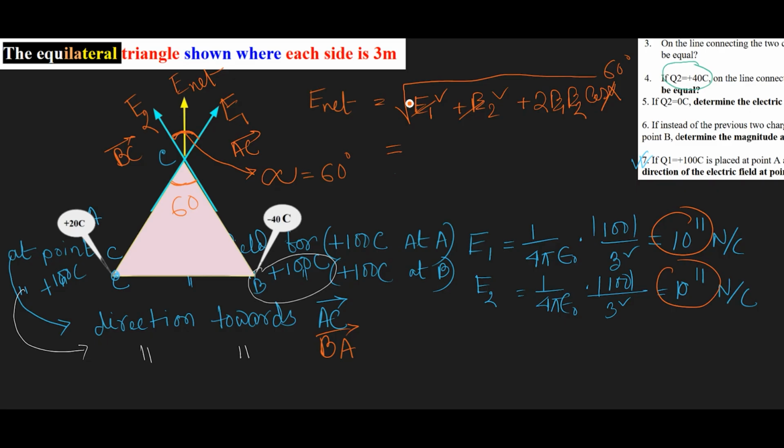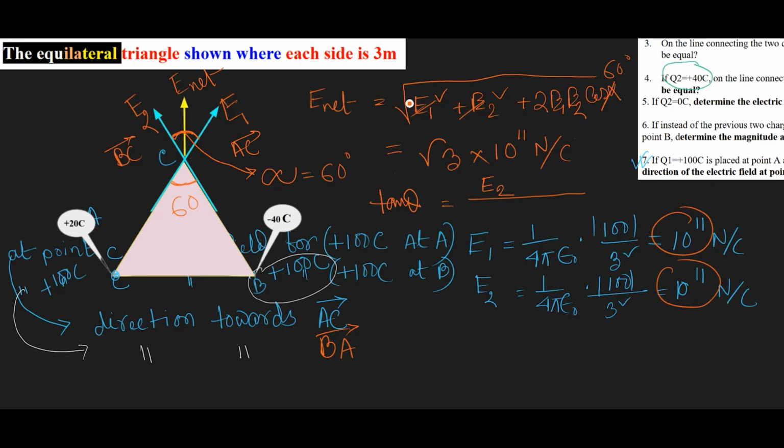So we'll find the total value will be square root of 3 times 10 to the power 11 Newton per Coulomb. Now the direction, obviously. So we know tan theta. Which one should we take as the reference vector? Let's say here as well, E2.